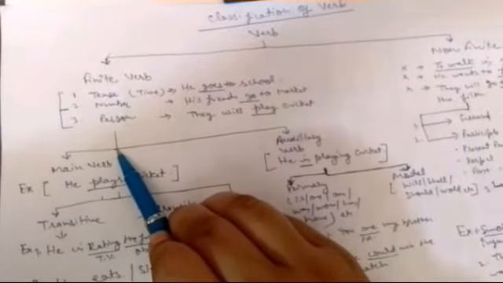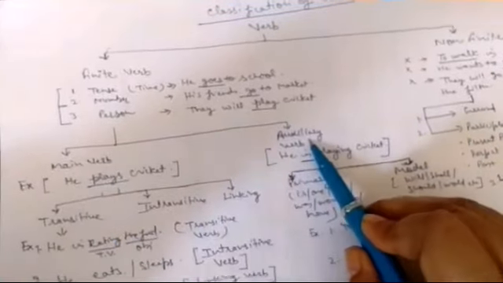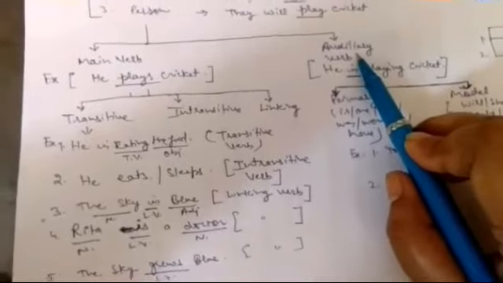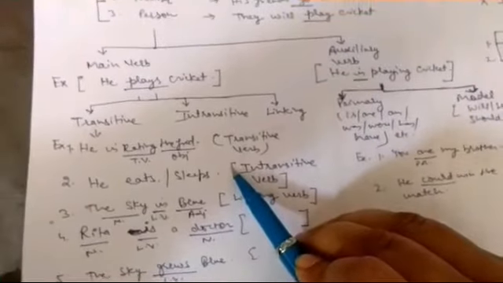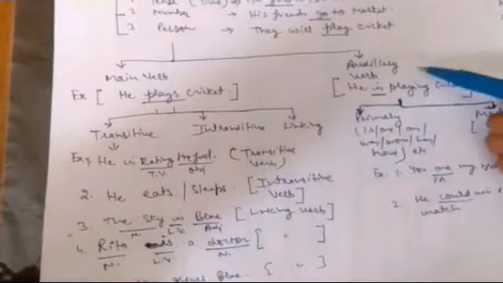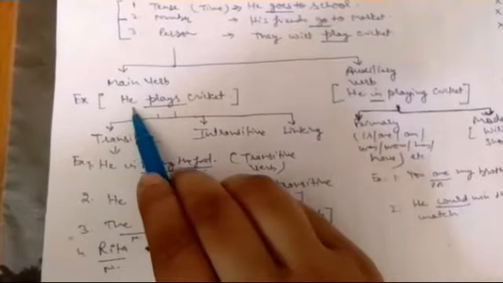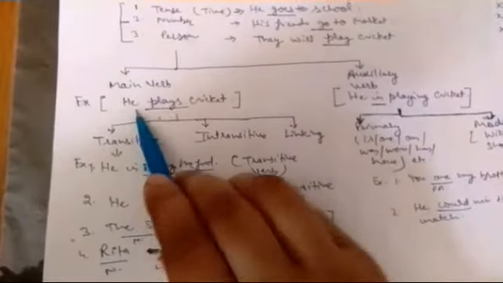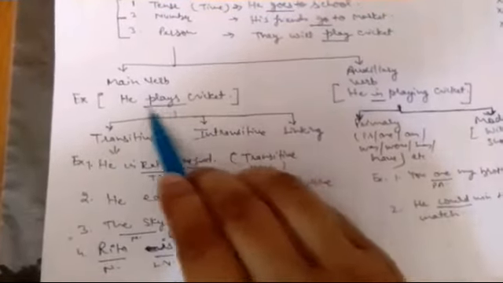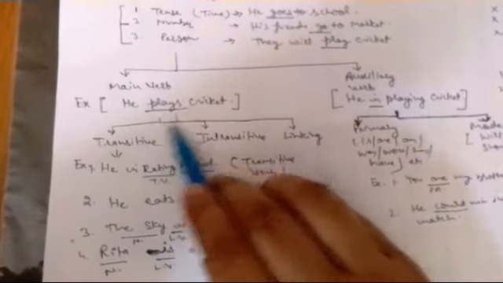Now finite verb is also divided into two parts, main verb and auxiliary verb. You can see here the main verb and the auxiliary verb. What is main verb and what is auxiliary verb? You can see the example. He plays cricket. So this plays is the main verb.